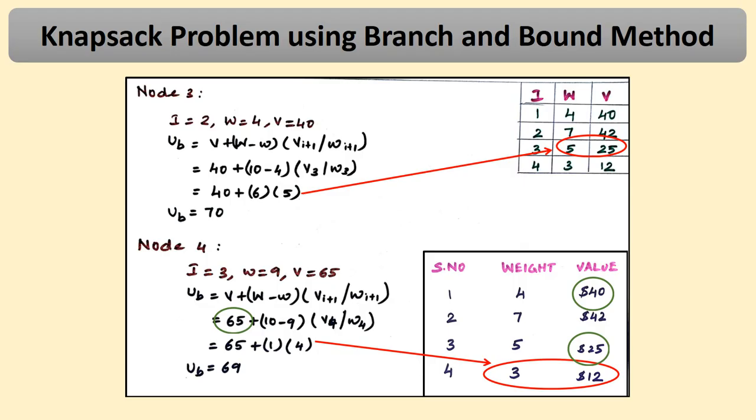Now using the upper bound formula, we are calculating the value of node 3 as well as node 4. I have shown you which values we have to take. Just take the values, substitute them, and you will get the upper bound value. Now we'll see how to update this value in the state space tree.